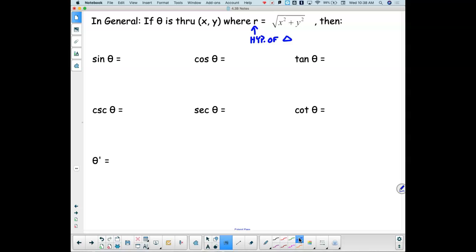Look at your last two examples. We always put it over r, because sine has got to be less than 1, right? So y over r here, which means cosecant is what? Cosecant, r over y.